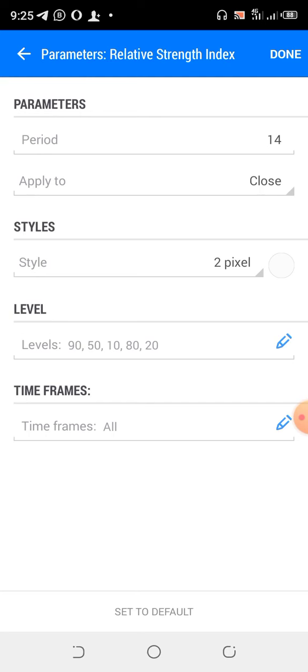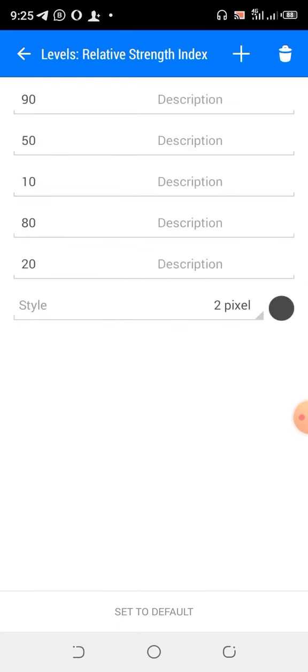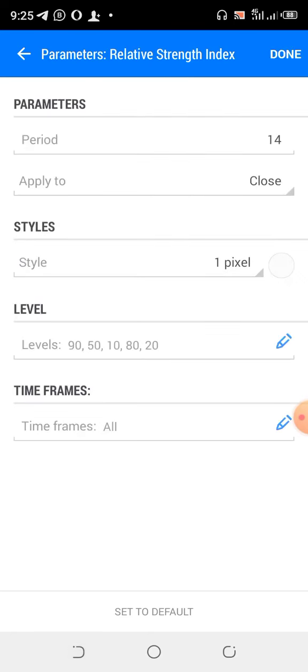The period is 14, and the style I am using is background color. This is the place that is very important for you to follow. The levels in the relative strength index are 90, 50, 10, 80, 20. I will explain these things once we get there.